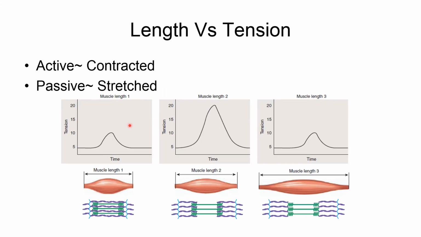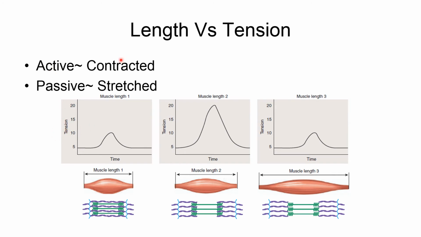As we said previously, muscles are elastic too. If we plot tension versus time for a muscle cell or a muscle, then we have two types of force produced by muscle.